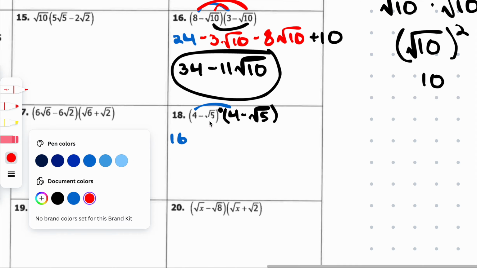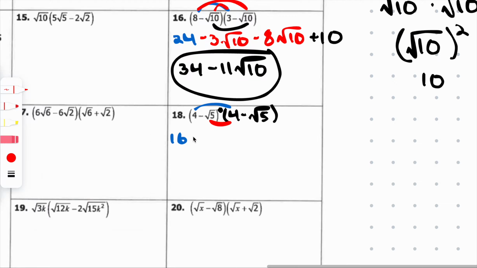Then we have negative root 5 times 4, we get minus 4 root 5. And then we have 4 times negative root 5 again, we get minus 4 root 5. And then we have negative root 5 times negative root 5.